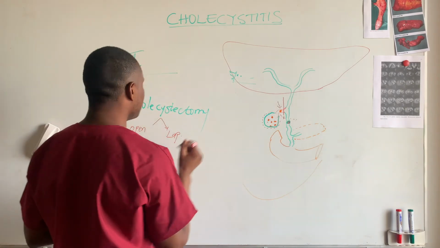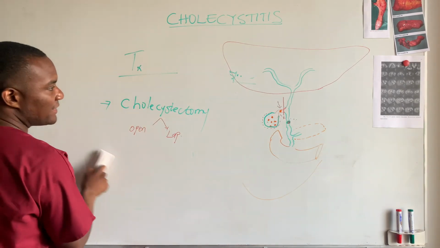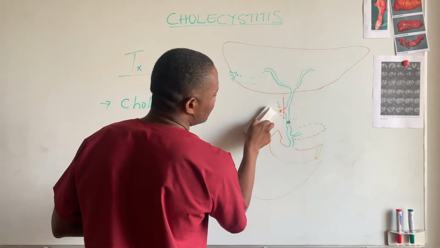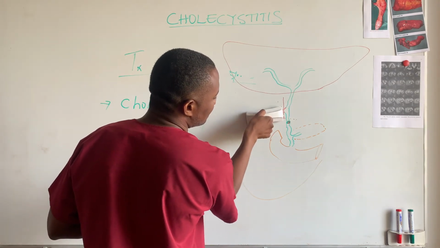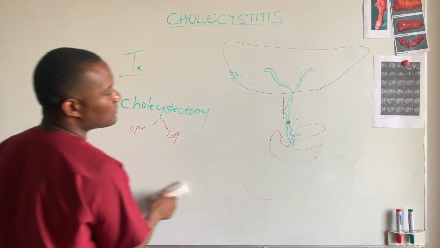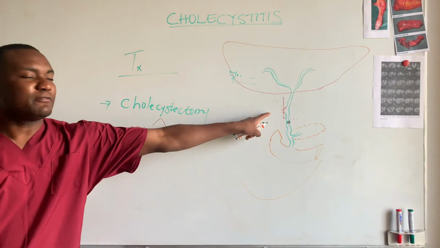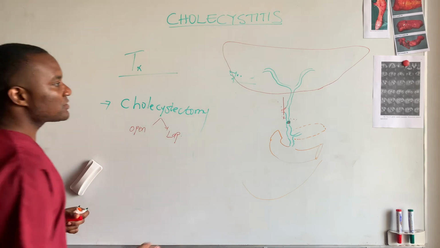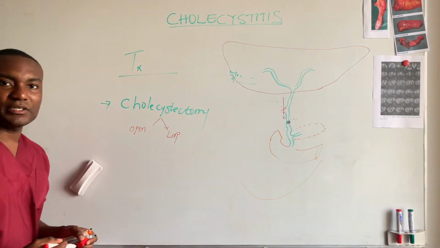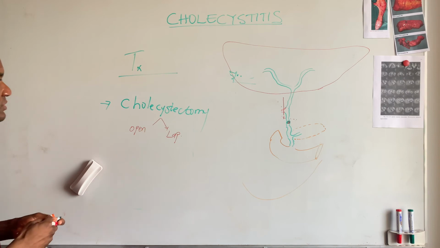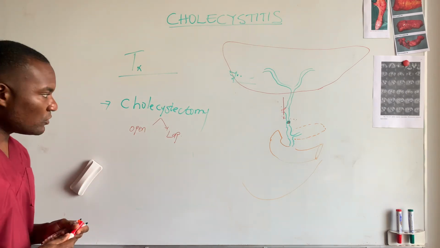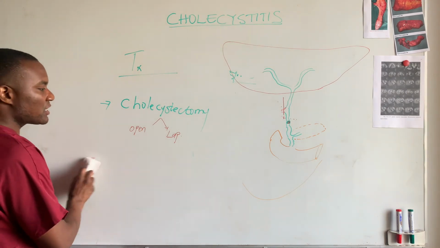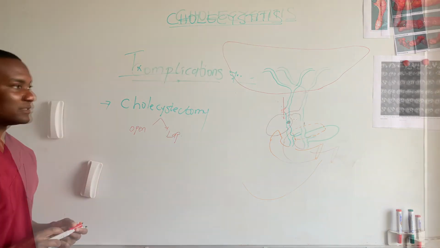You also ligate the cystic artery, and that is it. So you've performed cholecystectomy. And yes, these patients can live their normal lives without the gallbladder. Once cholecystectomy is performed, these patients can go home in 2 days.